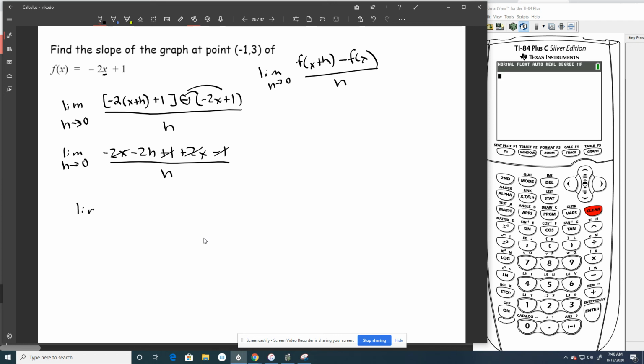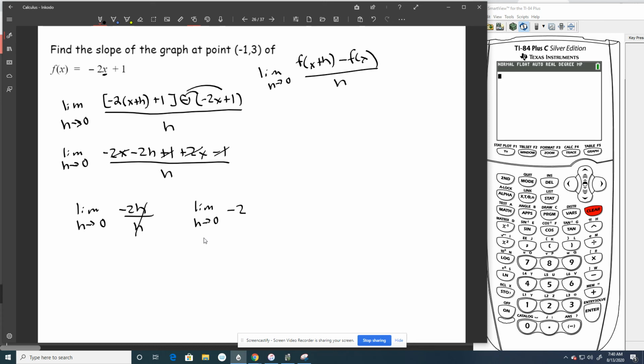So my limit as h approaches 0, I've got negative 2h on top. Not everything is canceled, but everything from my parentheses canceled. And then I have h on the bottom. And now I can cancel my h's. So my limit as h goes to 0 of negative 2.